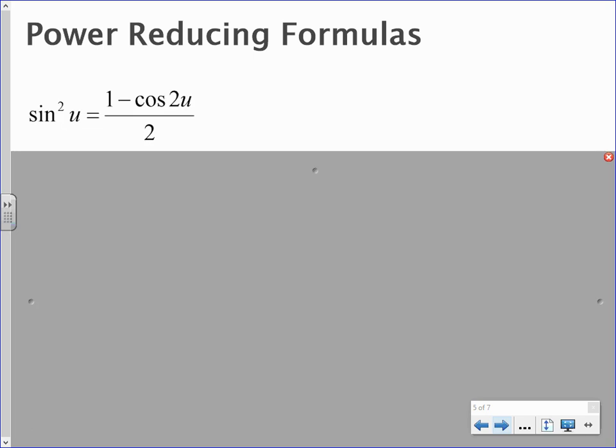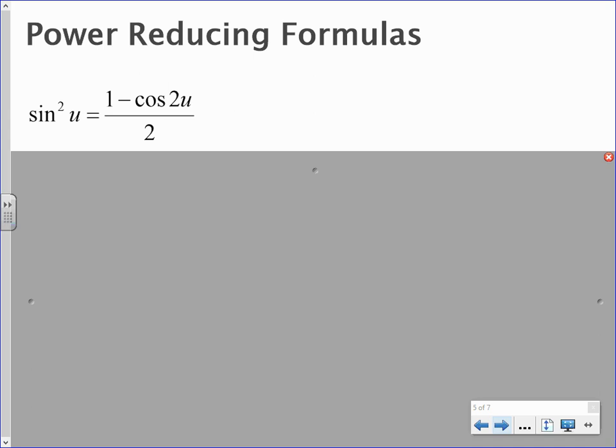Here is the sine squared formula. Once again, you do not need to memorize this. This will be given to you. What's nice is the cosine squared power reducing formula is very similar, only one thing's going to change.